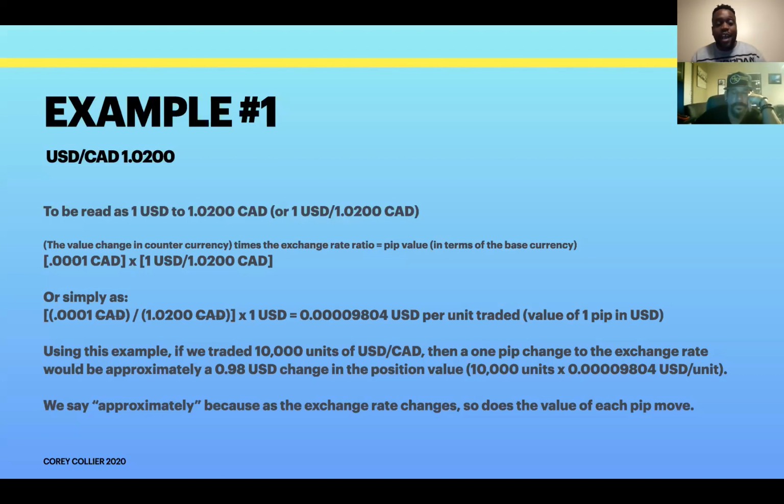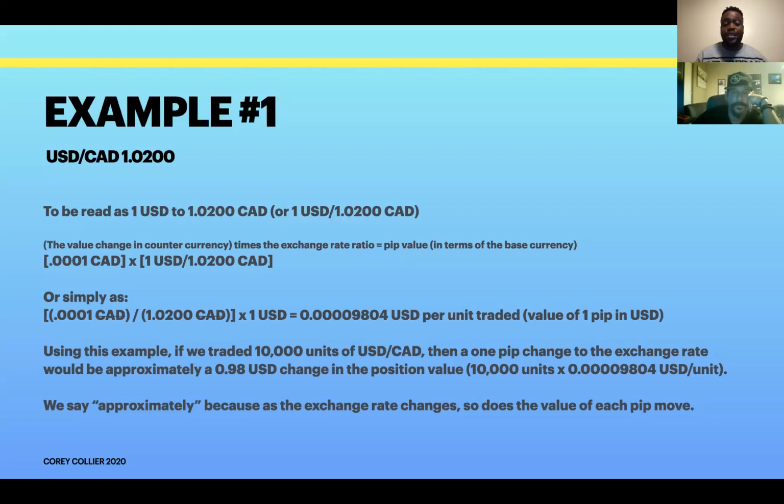Okay, so the math below that is done out for you. That equation is solved at 0.00009804 United States dollar per unit traded. So that 0.00009804, that's the value of 1 pip.